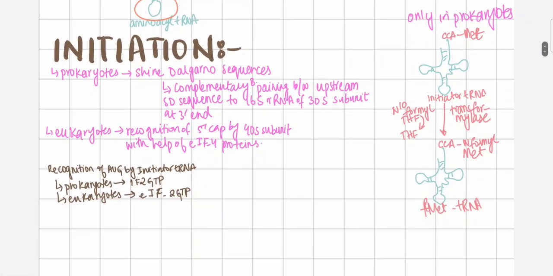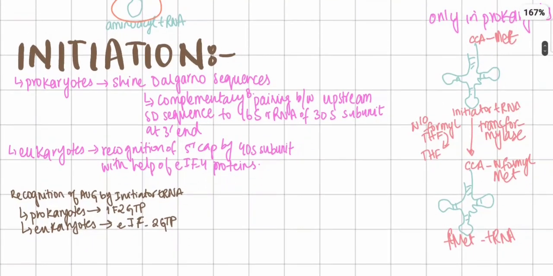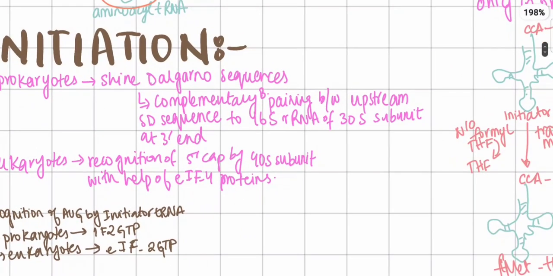Now for initiation, there are two more things that we need to know. There are slight differences between the prokaryotes and the eukaryotes that we need to talk about. First is the Shine-Dalgarno sequences. Now the Shine-Dalgarno sequences are only in the prokaryotes. Why are we doing this?